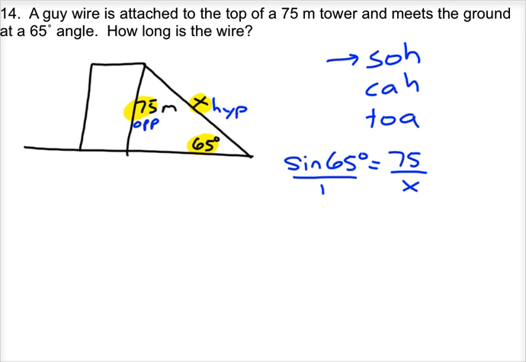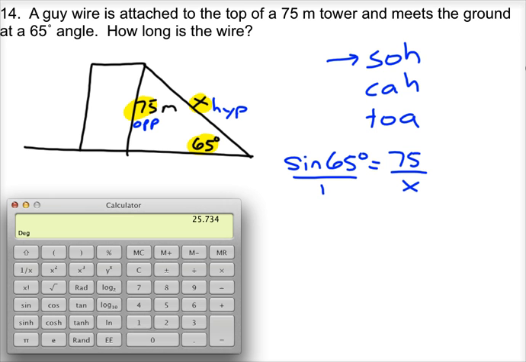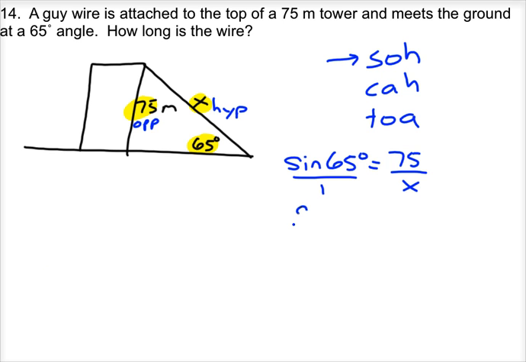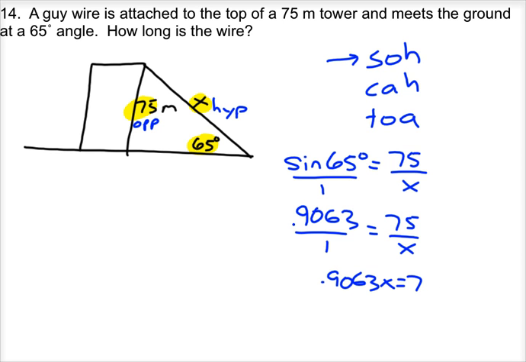And now I need to get my decimal value for the sine of 65, which is 0.9063. And if I cross multiply, I get 0.9063x equals 75.